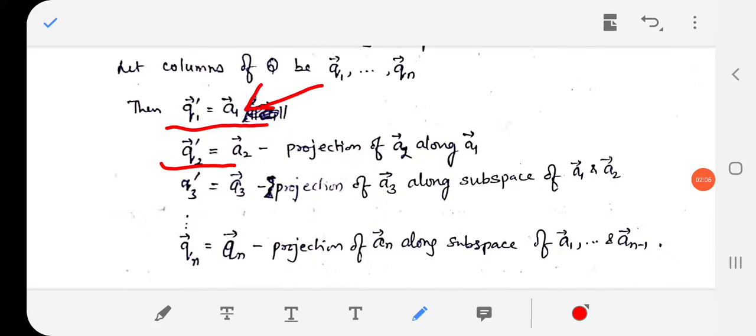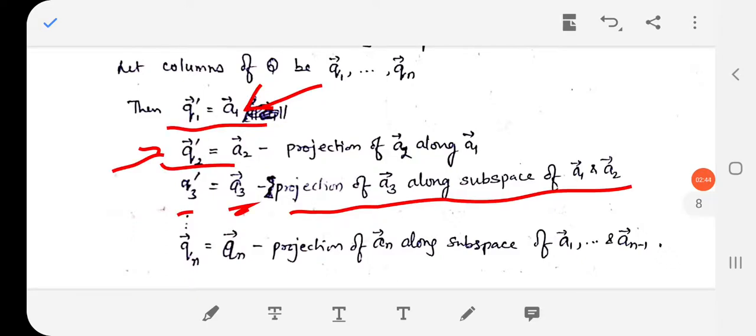So the projection of A2 along the subspaces generated by the previous vectors is subtracted, so that Q2 has only that portion which is not yet covered, only that part which is not yet seen. So in Q3 dash, we go only for that part of A3 which is not yet covered by the previous vectors, and that's how we will go about it.